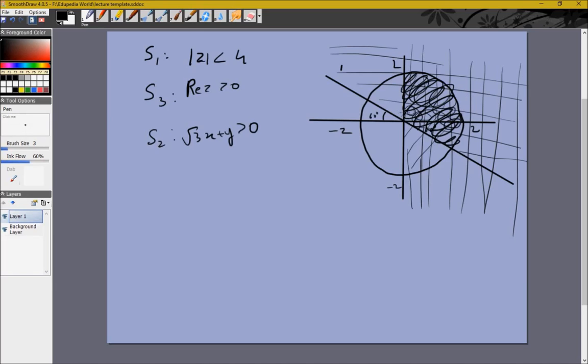This angle is 90 plus 60, that is 150. So 150 by 360 times pi r square. That means pi into 4. Right, 15 by 36 will be 5 by 12. This is 3, so 5 pi by 3.